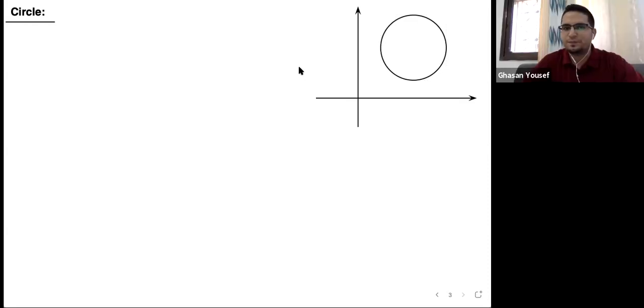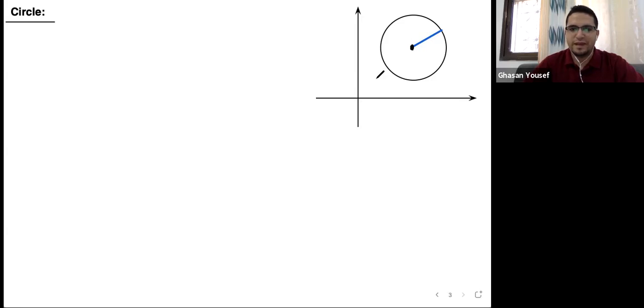That is for the area of the circle, but we're not going to use pi, because pi is not part of the equation of the circle.